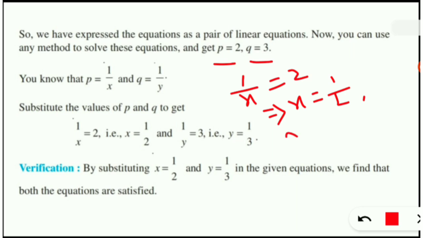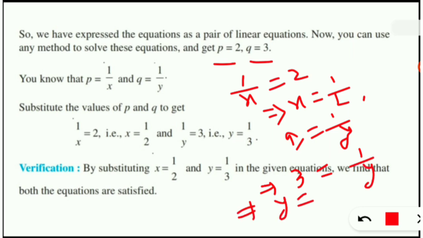Again, q equals 1 by y, so the value of q equals 3, so 1 by y equals 3, so y equals 1 by 3. Simply cross multiply.